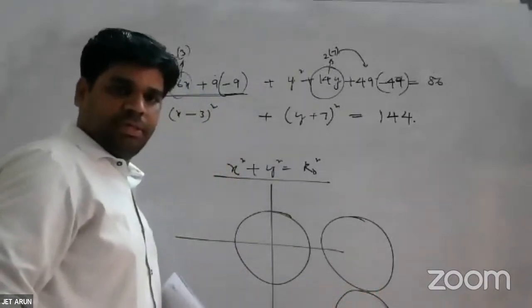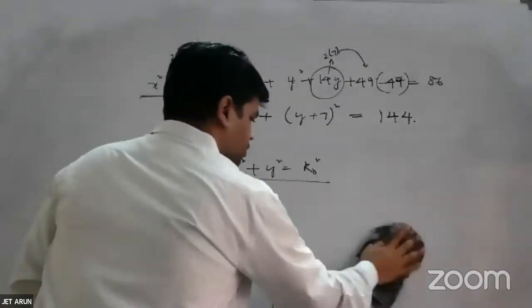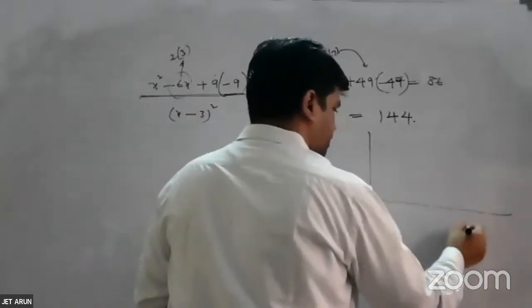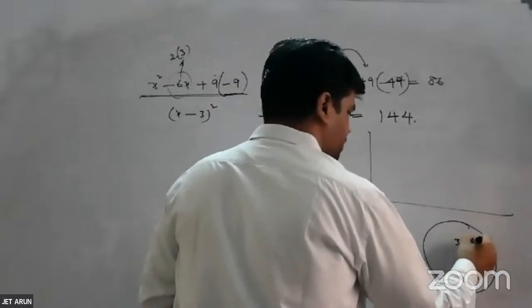All right, I'll erase it and try again. So my circle will be somewhere here, the center at 3 comma minus 7.